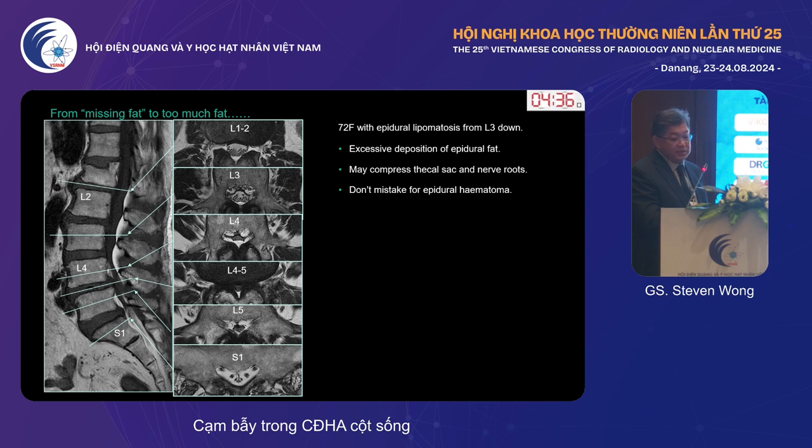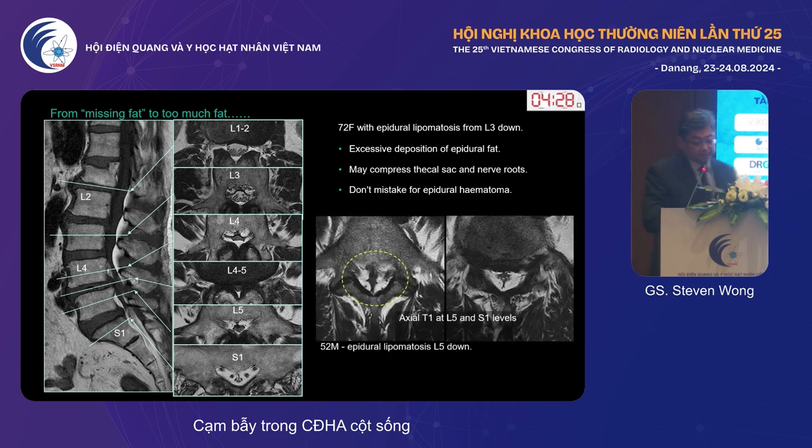But it does impinge on the movement of your cauda equina and your nerve roots once they exit from the thecal sac. Okay. Right, so here is quite an extreme degree of epidural lipomatosis at L5-S1 level.